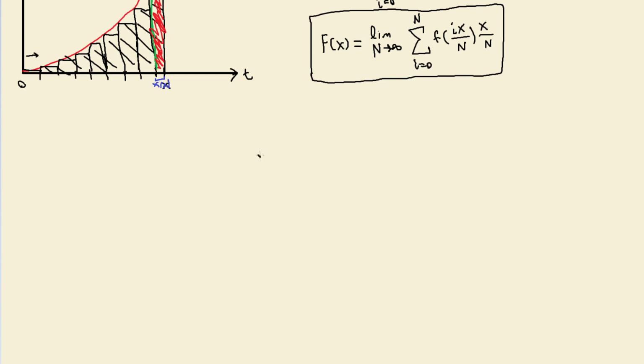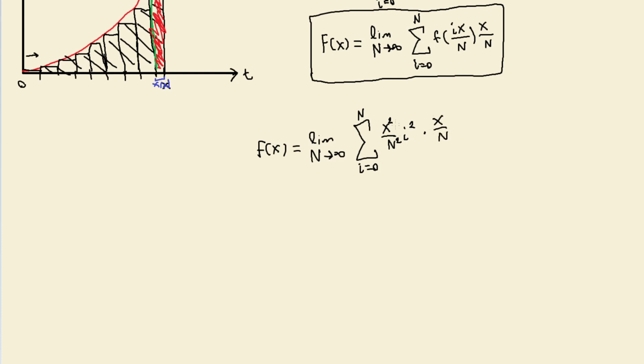And so in that case, we would get F of x is equal to the limit as n approaches infinity of the sum from i equals 0 to n, and f of ix over n here is just going to be this quantity squared. And so that's going to be x squared over n squared times i squared, multiplied by x over n.